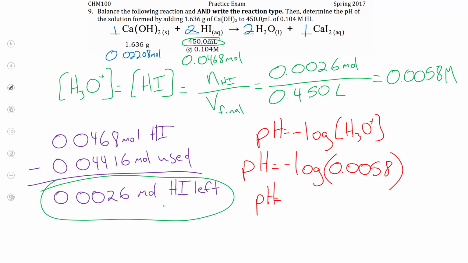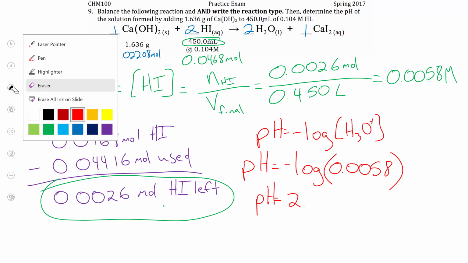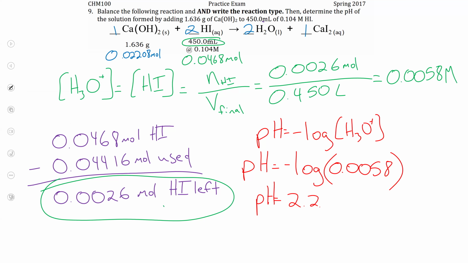Which should be something between 2 and 3. 2.3 maybe. 2.24. And we always write these out to the hundredths place, 2 decimal points on every pH. Now we're done.